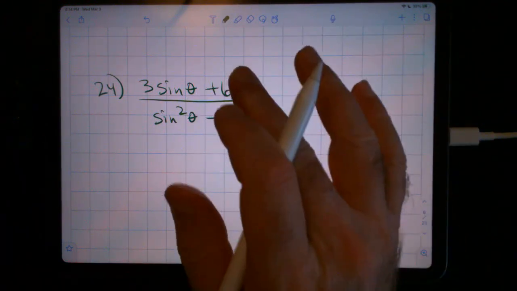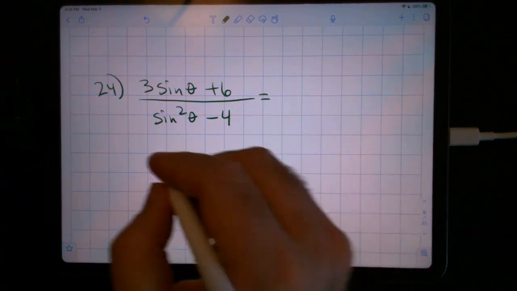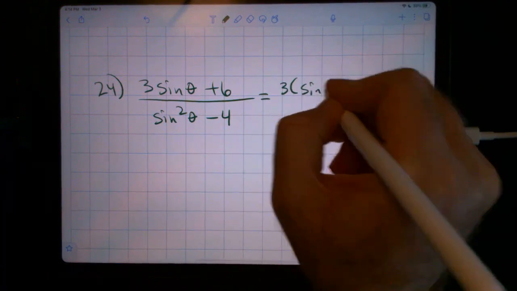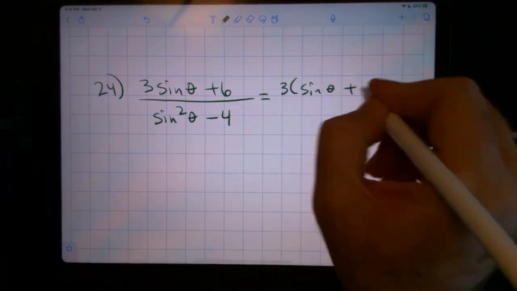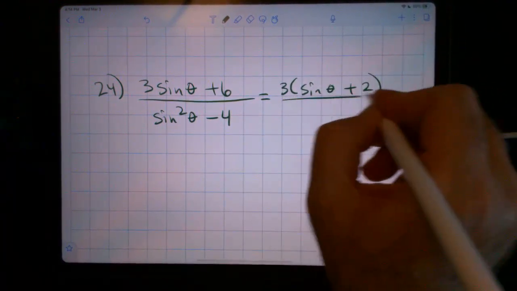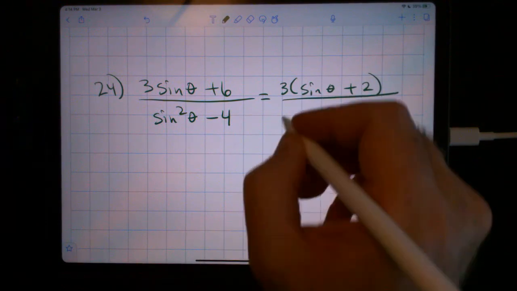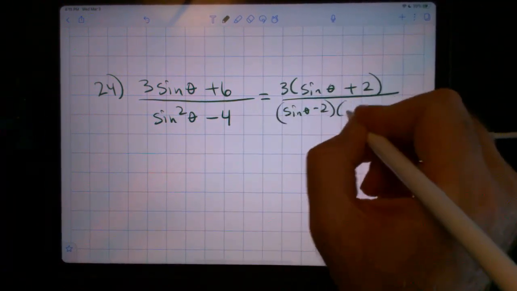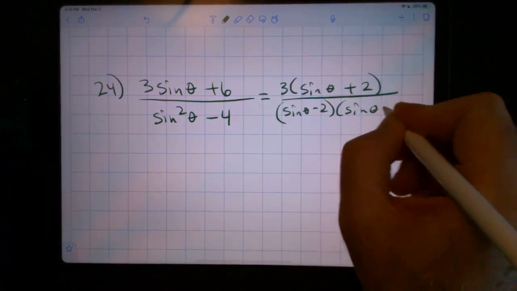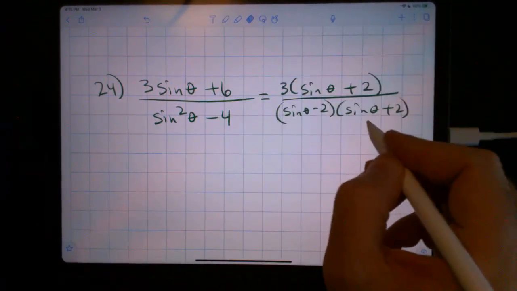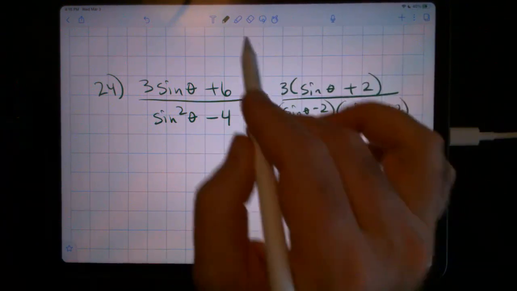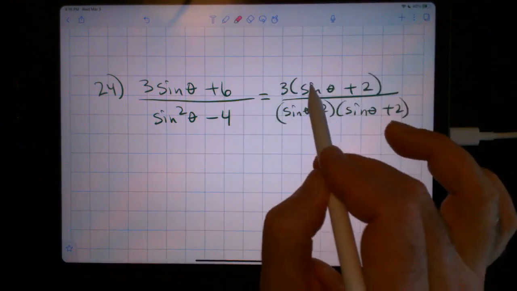Okay, let's factor the top, and the denominator is a difference of squares. So the numerator, take a 3 out. And the denominator, okay, and now these are the same.